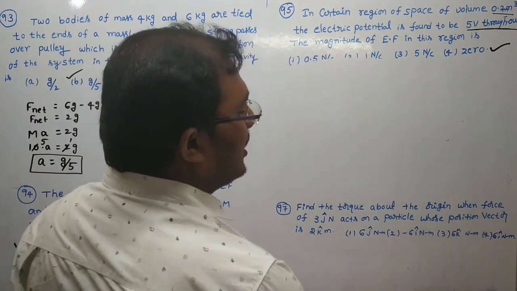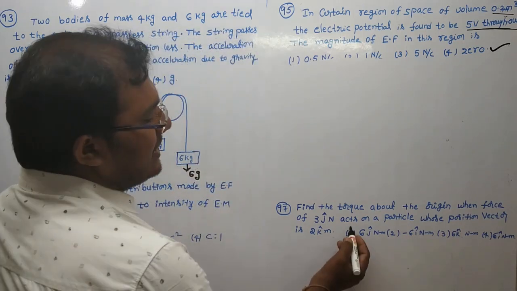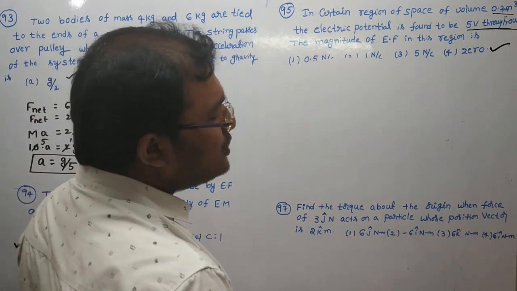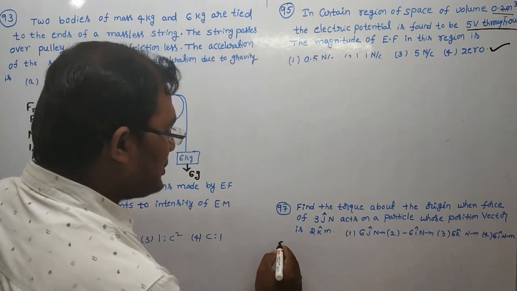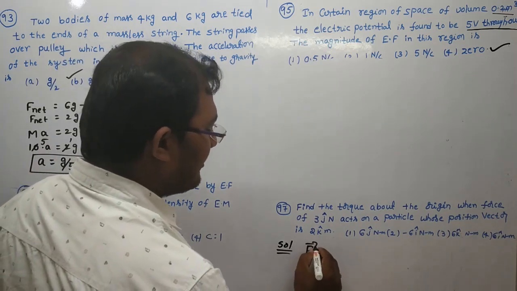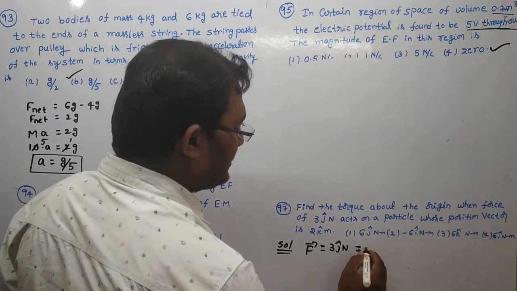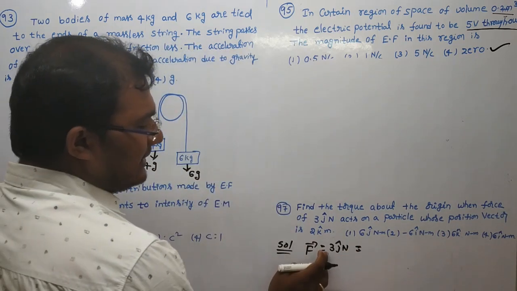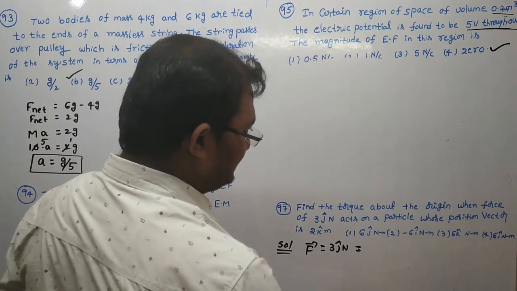Next, find the torque about the origin when the force of 3j newtons acts on a particle whose position vector is 2k cap meters. Solution. Given that the force vector F bar equal to 3 j cap newtons, that equal to, in force vector the x and z components of the force is 0.